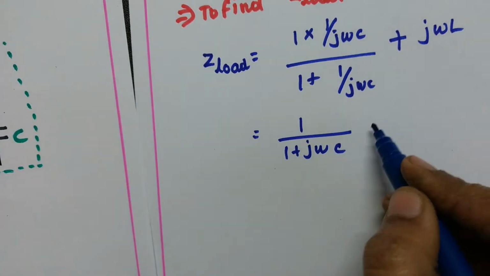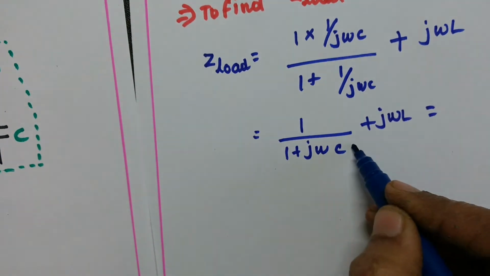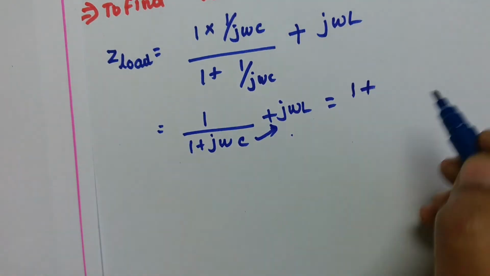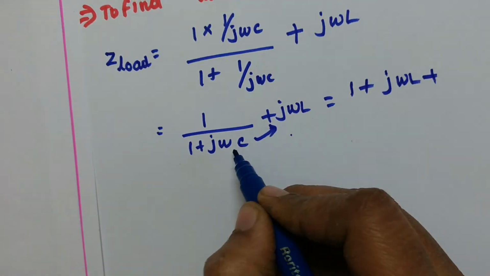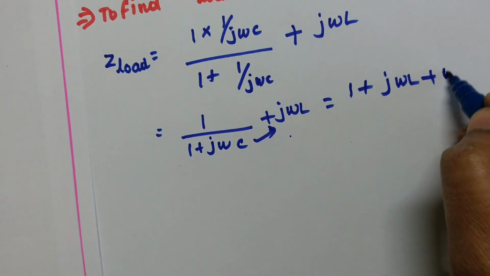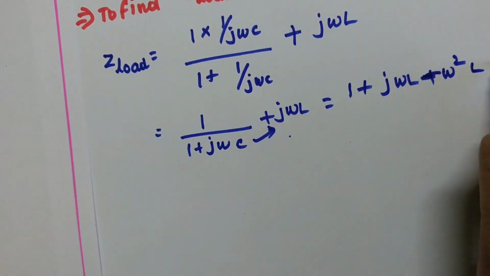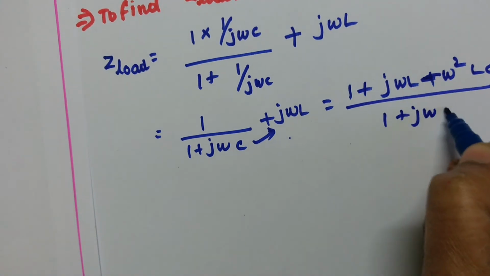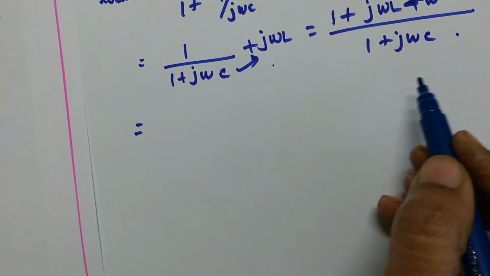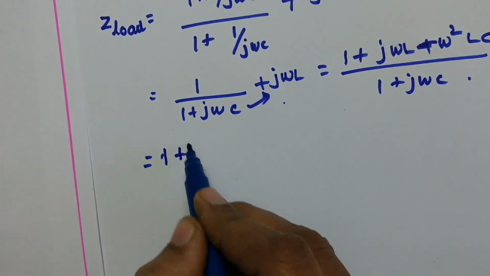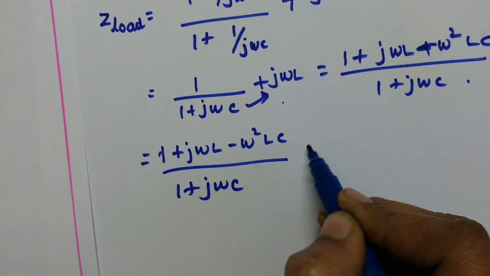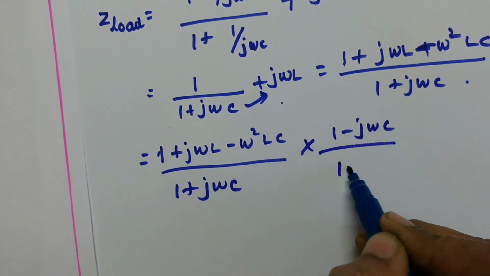So 1 by 1 plus J omega C plus J omega L. So after rearranging, 1 plus J omega L into 1 plus J omega C, that is J omega L minus omega square LC by 1 plus J omega C. Now multiplying and dividing by conjugate of 1 plus J omega C, that is 1 minus J omega C.